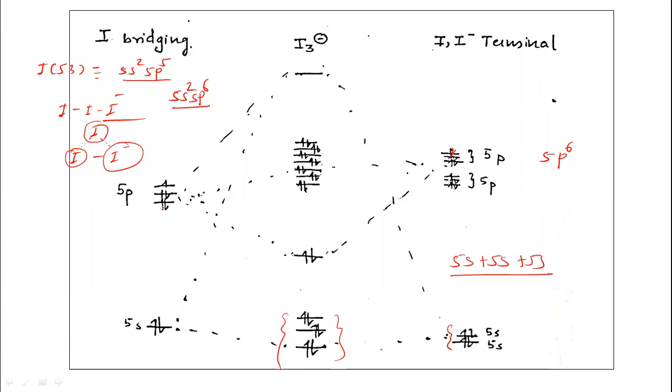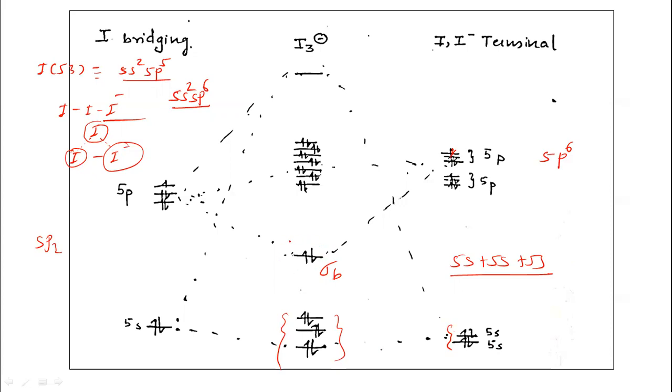Next, 5p overlaps with 5p. Here 5pz is suitable for sigma bonding. Similarly, 5pz overlaps, forming a sigma bonding molecular orbital and a sigma star antibonding molecular orbital.